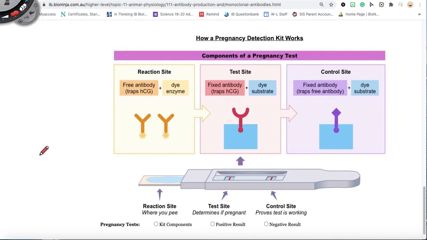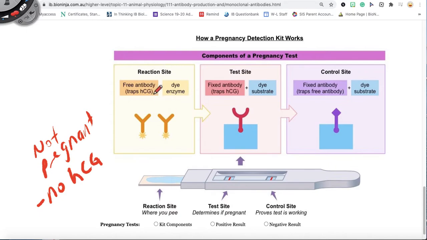Now, if a woman is not pregnant, she's not going to have HCG hormones. If she pees on this stick, there's not going to be any trapped HCG, so the free antibodies are just going to move down the stick. Nothing is going to get trapped in the fixed antibody that traps HCG, so the urine just continues moving and this line is not going to turn blue.